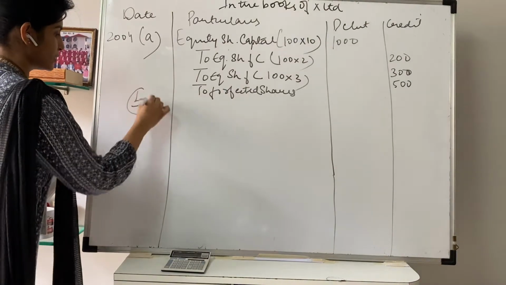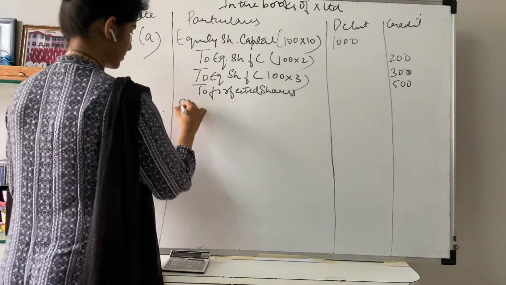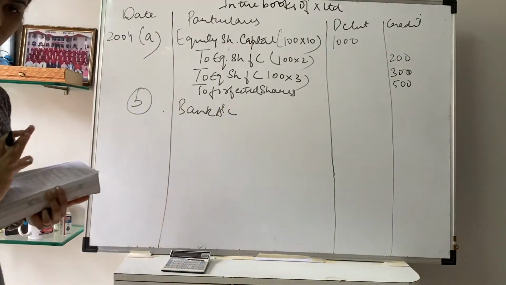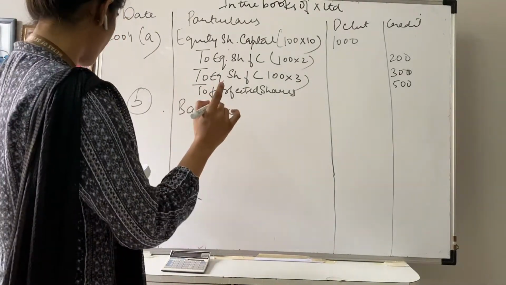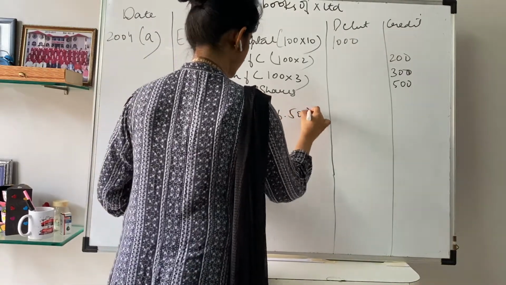Moving on to the reissue of shares. Now, bank account debit. Here, all your forfeited shares are being reissued at 6.50. So, 100 into 6.50.